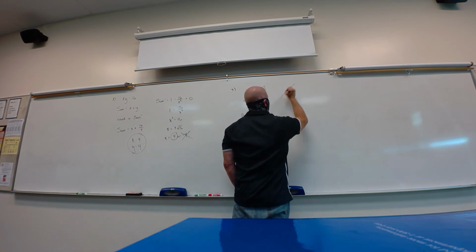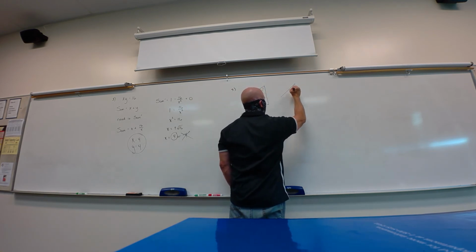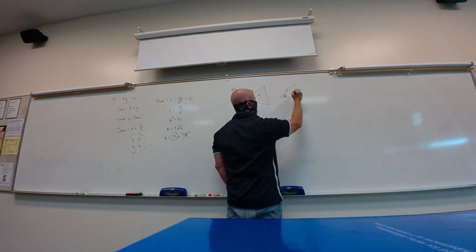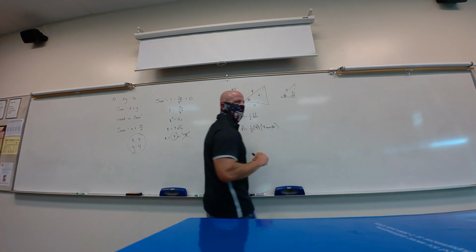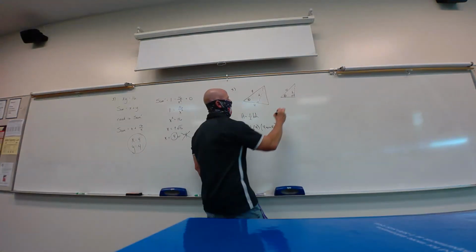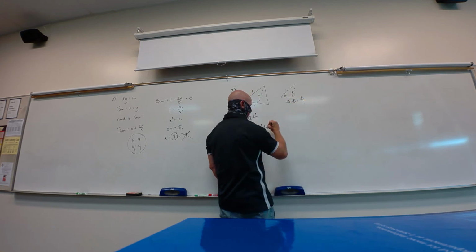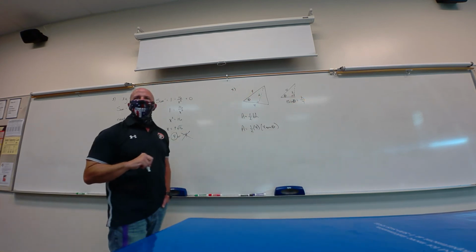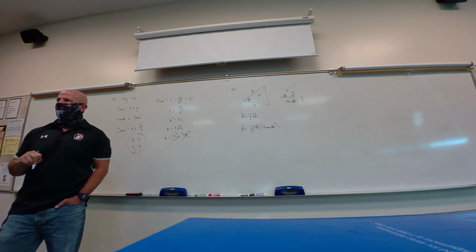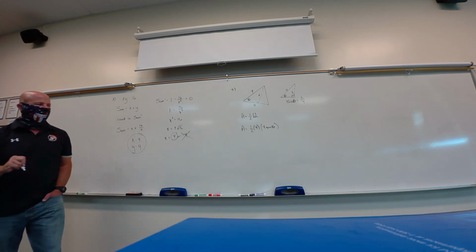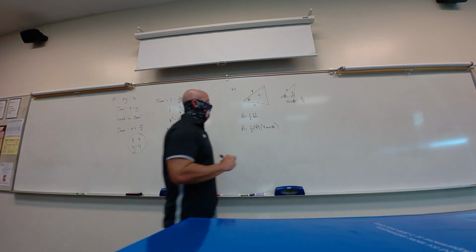Here's that H. So there I'm seeing that opposite over hypotenuse off of SOHCAHTOA. So that means the sine of theta is H over 4. There's where I got H is 4 sine theta. Everybody okay with that?